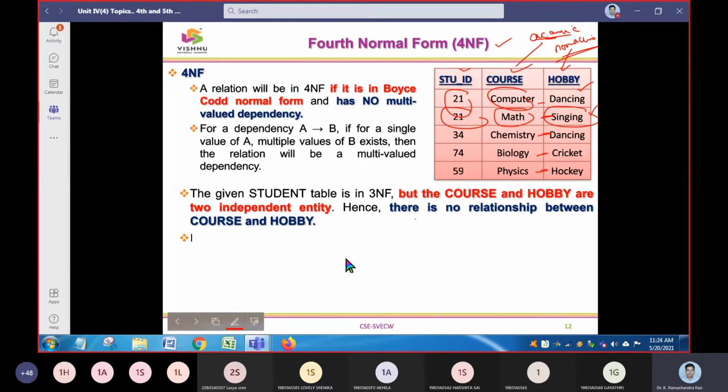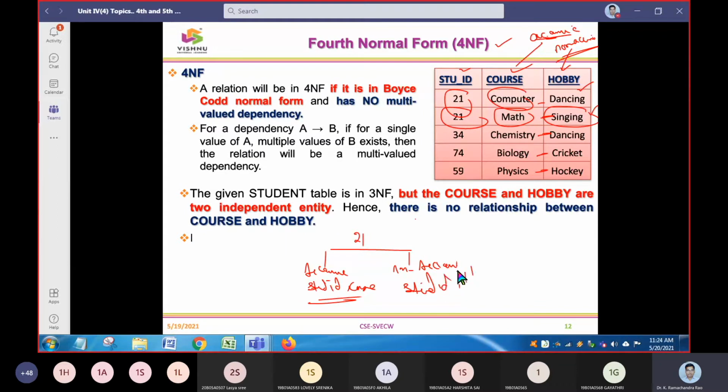So register number 21 can be divided into two parts: academic and non-academic. The academic aspect, student ID and course, can be treated as a table, and student ID followed by hobby can be treated as another table.